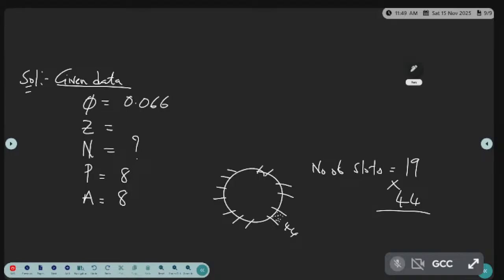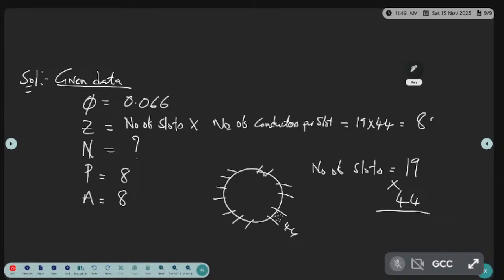What is the formula for Z here? Z is the number of slots into the number of conductors per slot, that is 19 into 44, which is 836.